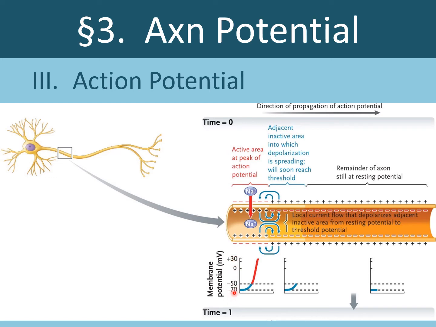The voltage has increased, become less and less negative as positive sodiums rush in. This red line represents the depolarization process. The dashed line here at about negative 55 millivolts is the threshold where voltage-gated sodium channels will open.